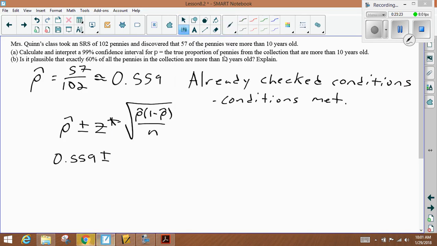So we have 2.576 times the square root of 0.559 times 1 minus 0.559, which is 0.441, all divided by our sample size of 102. Let's go ahead and calculate that.